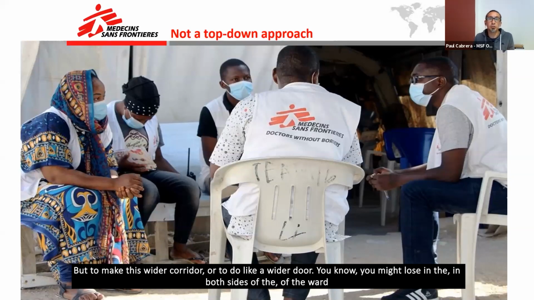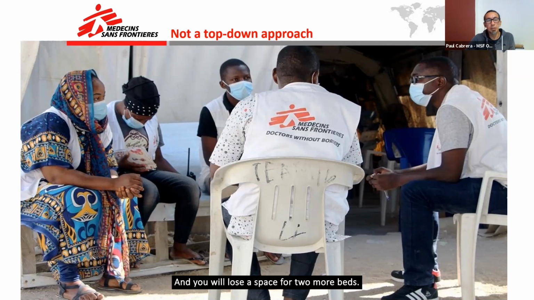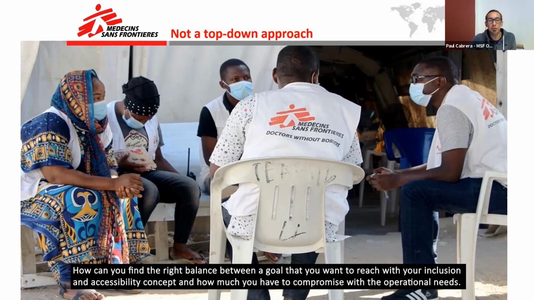If you put a wider door, you might lose space on both sides of the wall, space for two more beds, and so at that point you have to question to what you're going to give the priority. How can you find the right balance between the goal that you want to reach with your inclusion and accessibility concept, and how much you will have to compromise with the medical and operational needs?